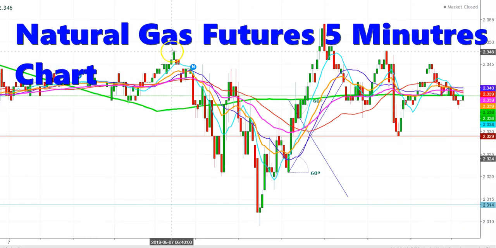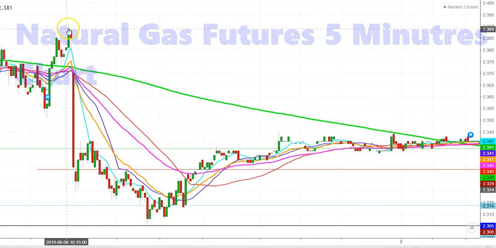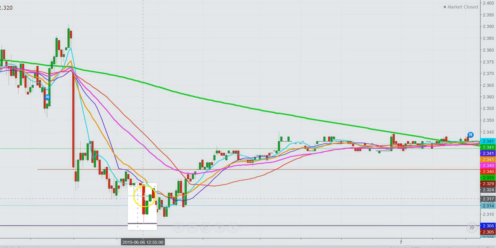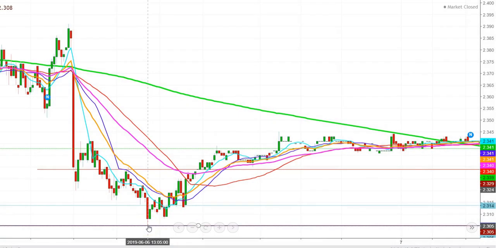Here you can see in a 5-minute chart that after the announcement of the weekly build-up, we have seen a sharp, steep downward move on June 6, 2019. The build-up resulted in a sharp downward move in natural gas futures from the level of $2.390 down to $2.321, and since then natural gas futures remained in weak mode when they touched the lows of $2.305 on June 6, 2019.